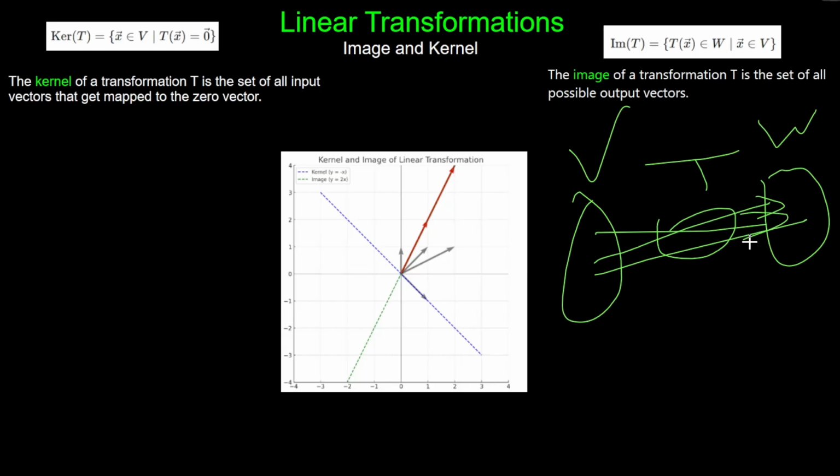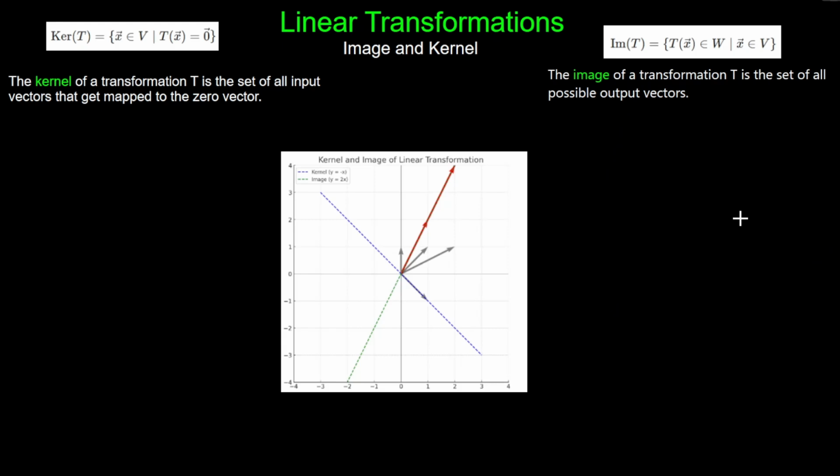So it's the actual output space, but not necessarily the entire output space. It's just a subset where the transformation actually sends vectors. So it can be put in words like the reachable or produced vectors by the transformation.